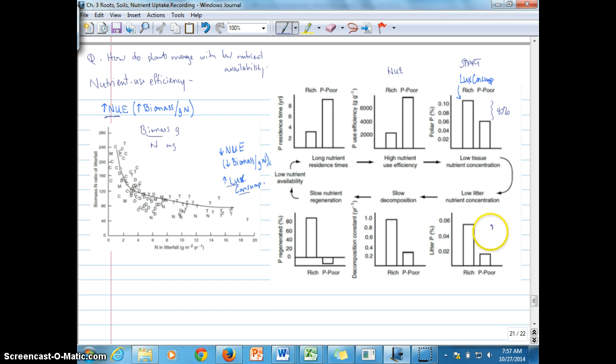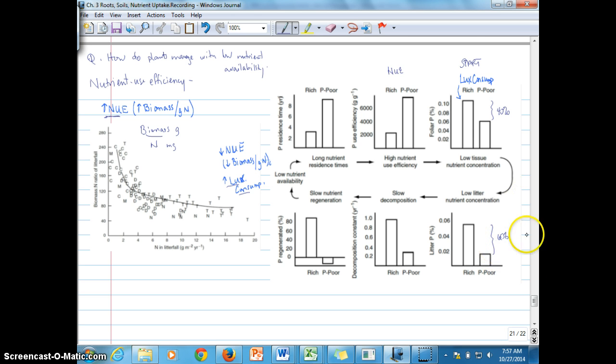But what we see, in fact, is that there is about a 60% drop in the phosphorus content in the litter from phosphorus poor soils compared to the litter coming from phosphorus rich soils. So the question is, what happens to this 20%?